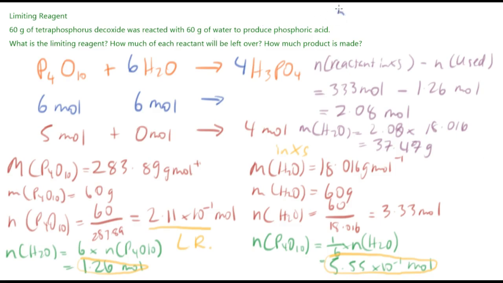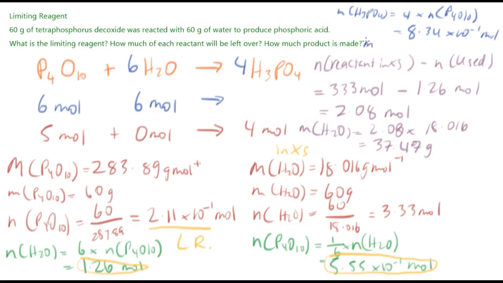We know that the number of moles of our phosphoric acid is 4 times, in order to calculate our products, we need to compare that to what was actually used up, the number of moles of P4O10, I apologize, which is around about 8.34 by 10 to the negative 1 mole.